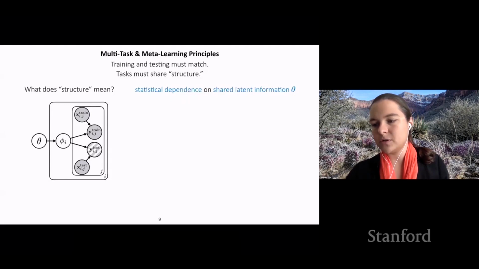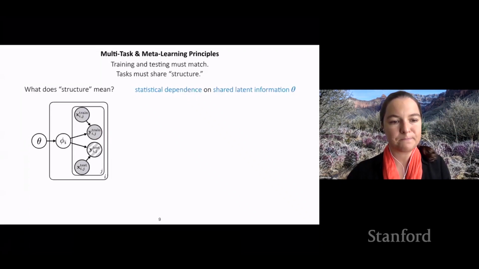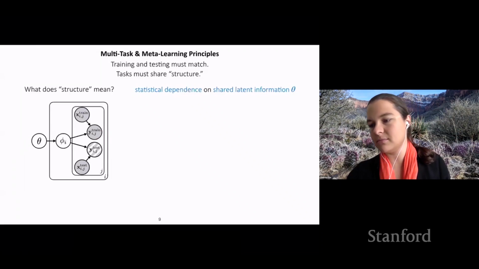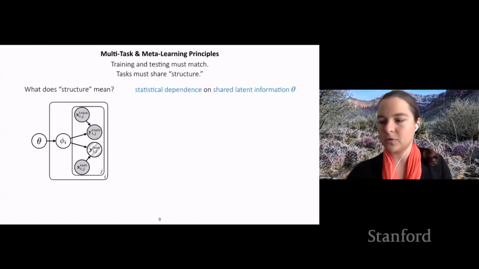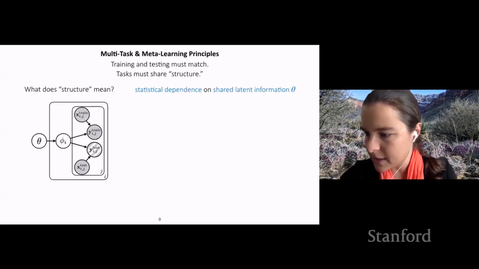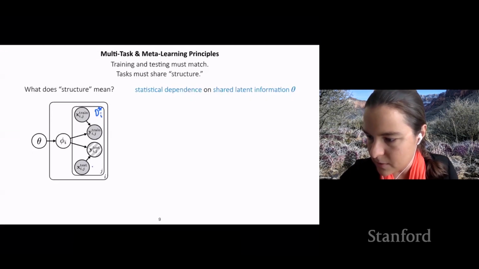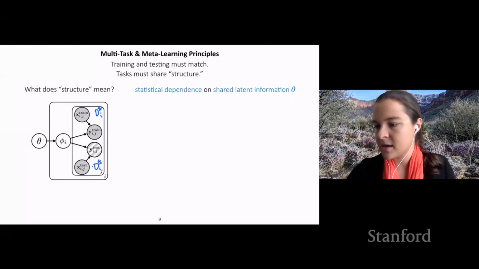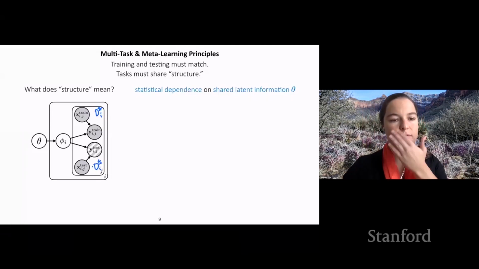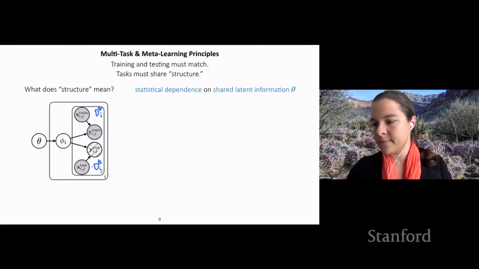And then there's also a dependence from the task-specific parameters to the labels, conditioned on the inputs. So this part right here is essentially dtrain for task i, and these two variables over here correspond to dtest for task i, and j is indexing the data points within those data sets.